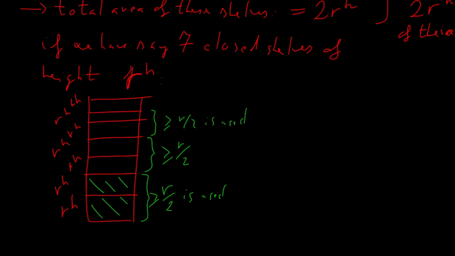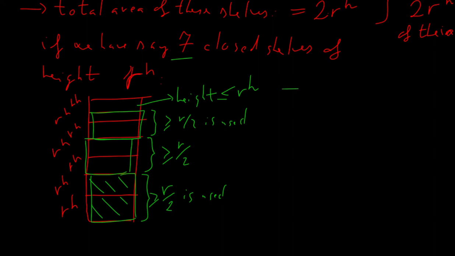Now it might be the case that we have an odd number, just like this, because we have the 7. The height in this case is of course at most r to the h. At most, because if this is the topmost shelf, then it's a bit shorter.